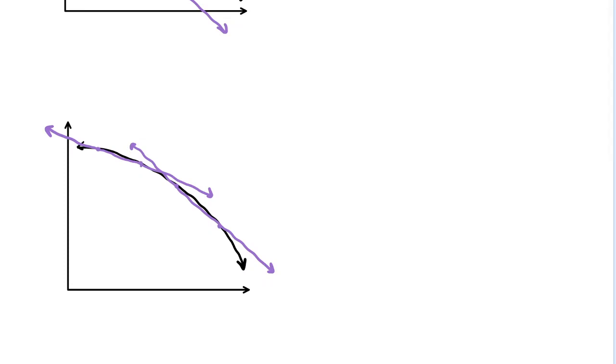And so this is an example of a concave down function, because the slope became more negative, pointed downwards more, going from left to right.